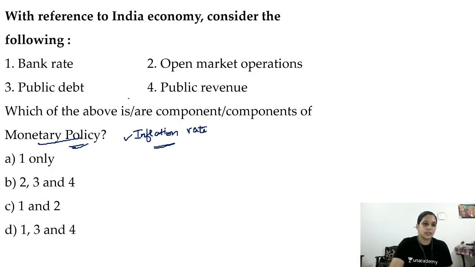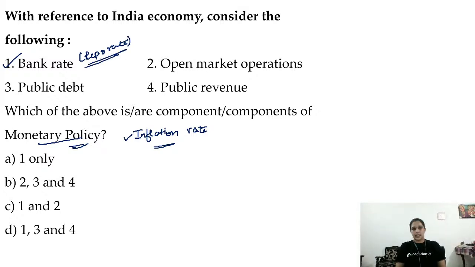In terms of controlling the inflation rate, bank rate, definitely the repo rate concept, we know that very well. Repo rate, reverse repo is one of the major devices in monetary policy. So the first option will definitely come. So you eliminate option B first.